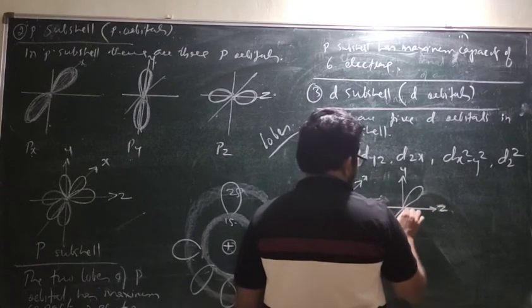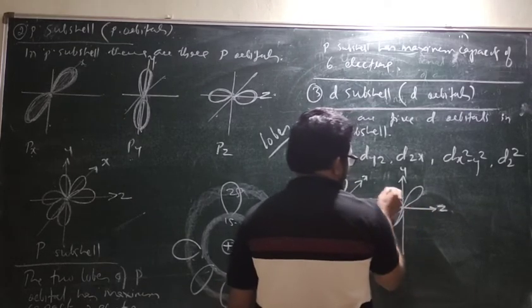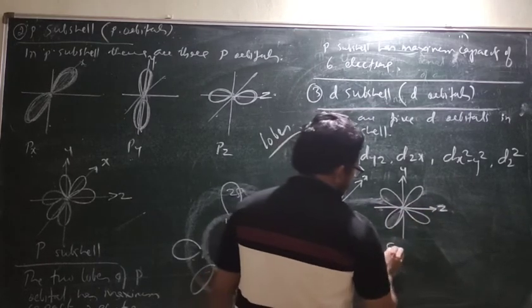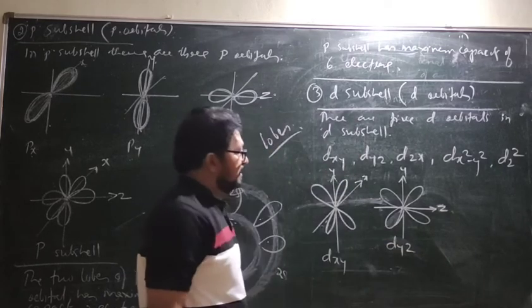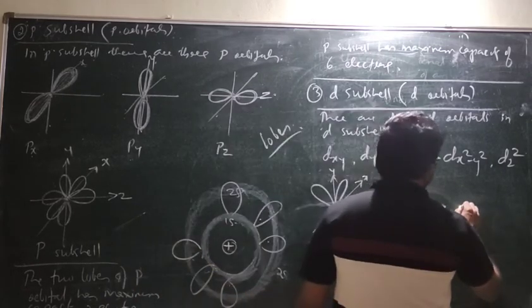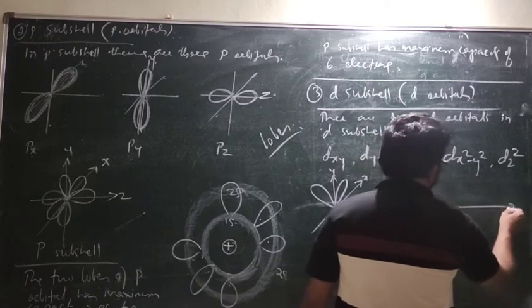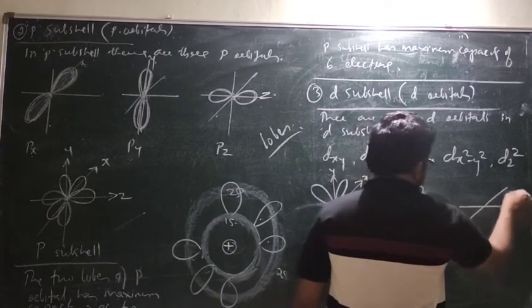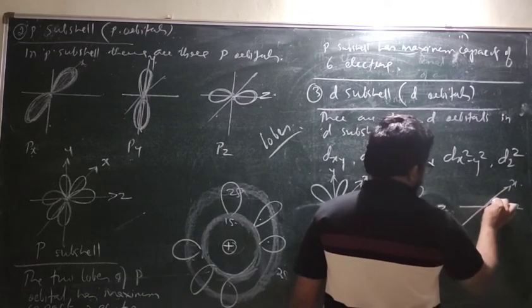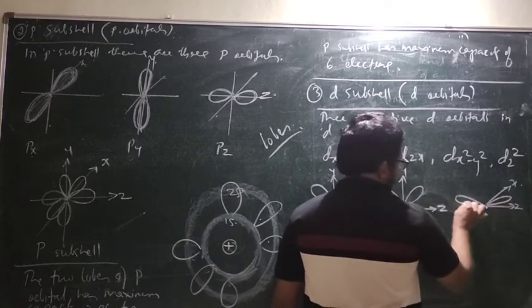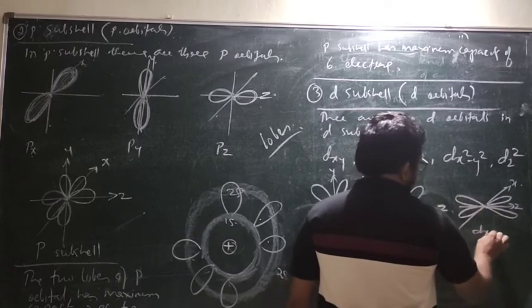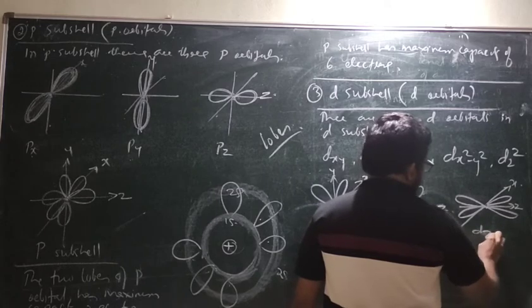Yz. This is dyz. Shall I show you dzx? That means I should have z axis, I should have x axis. So, dzx.